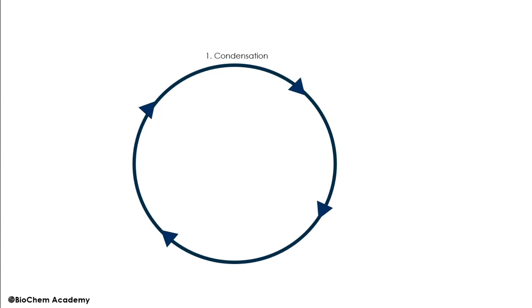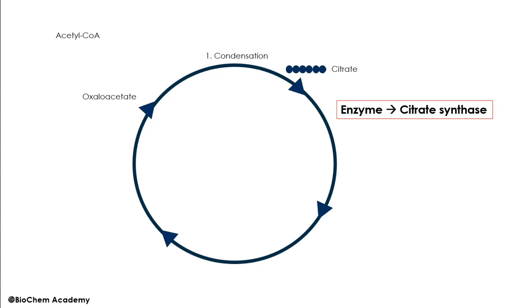Okay, so in the first step, acetyl-CoA, a 2-carbon compound. The blue balls represent carbons that you see here. As you can see, acetyl-CoA is a 2-carbon compound and oxaloacetate is a 4-carbon compound. So oxaloacetate and acetyl-CoA are converted to citrate, which is a 6-carbon compound.